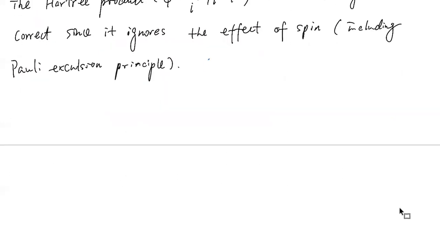This is the work done by Fock and Slater in 1930, so 2 years after Hartree's work. The formalism nowadays is known as Hartree-Fock theory. It's really the correct way to do this effective single particle picture.